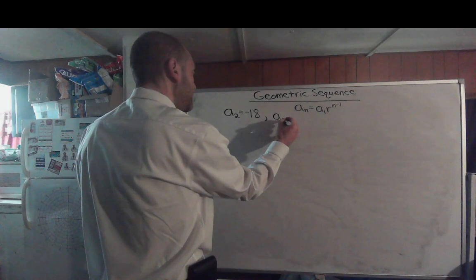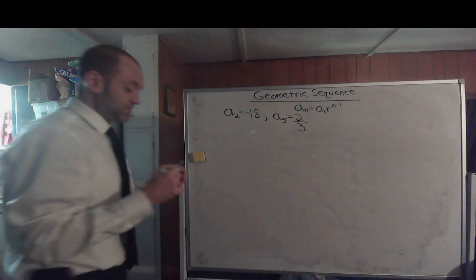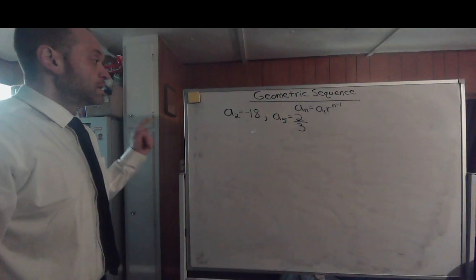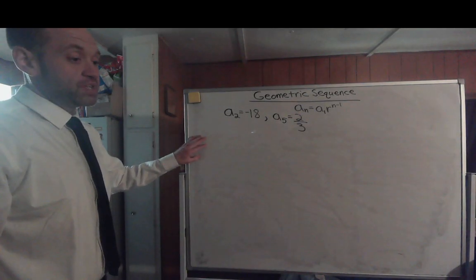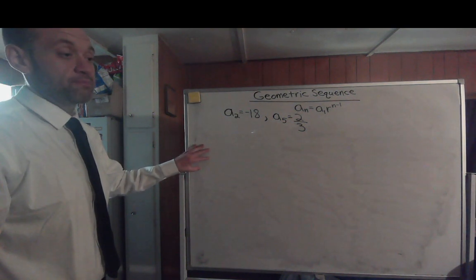A sub 5 equals 2/3. So all of a sudden we don't even have the first term. So this is largely going to seem like a system of equations again.